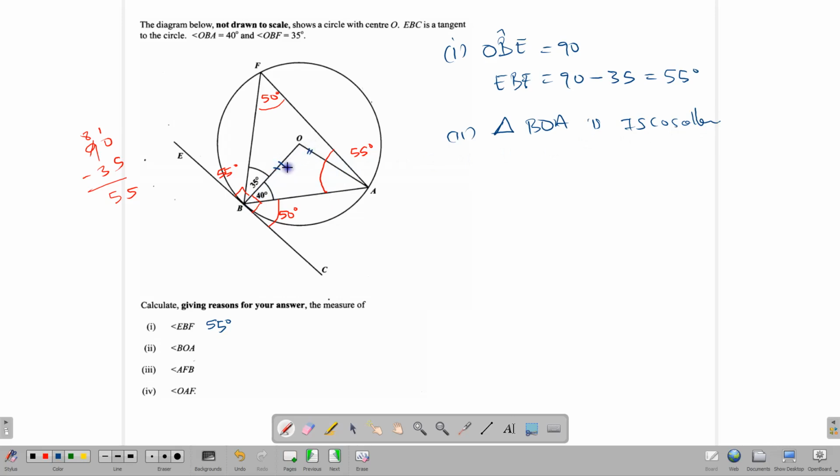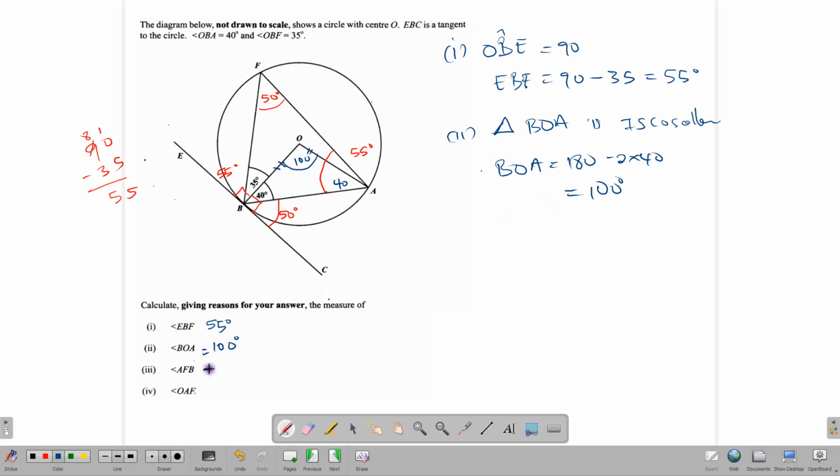They're both radii, and so we have a 40 degree angle here and a 40 degree angle there, and so we can find the angle at the top. So 40 plus 40 plus BOA is 180. So BOA is going to be equal to 180 minus 2 times 40, which gives us 100 degrees. So BOA is 100, which makes sense.